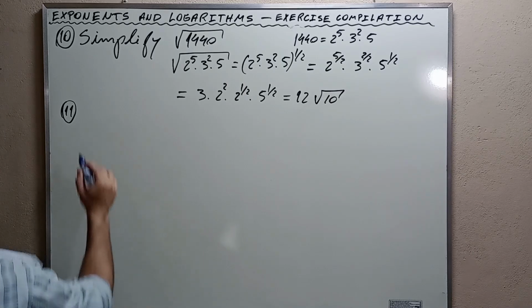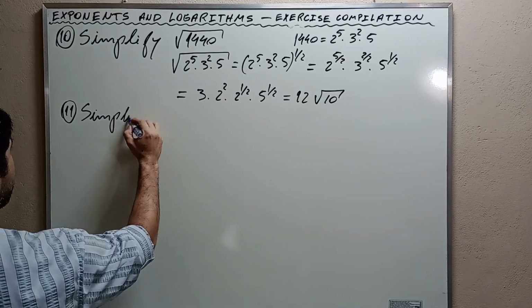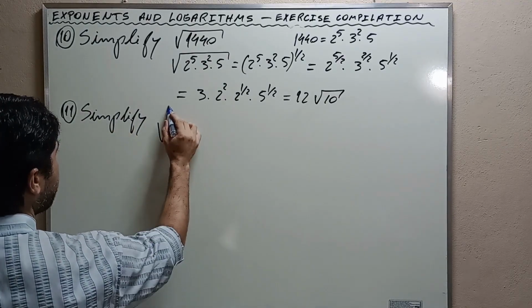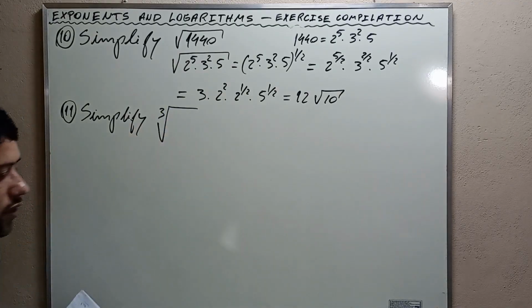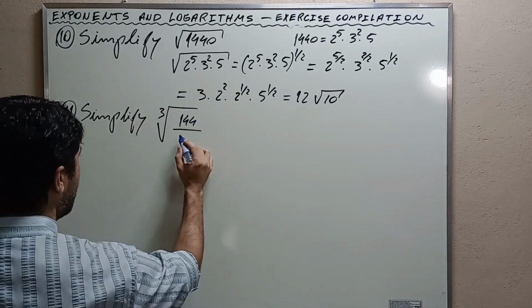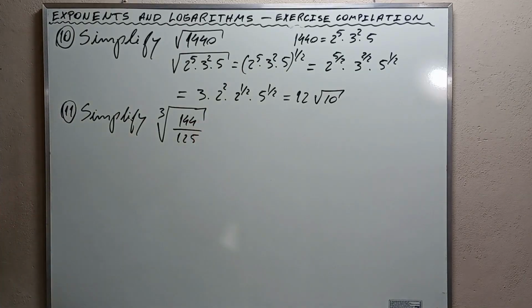Simplify this. Simplify the cube root of 144 divided by 125. What can we do?